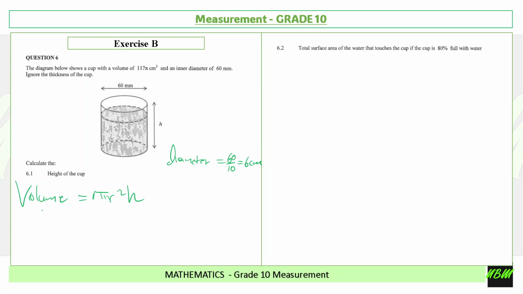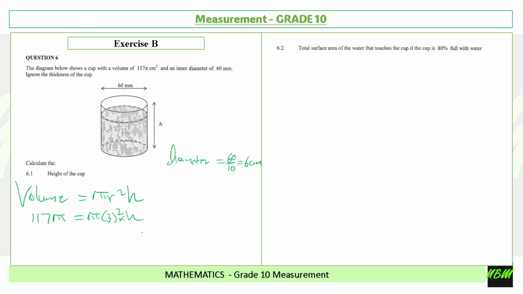So now let's substitute our volume. 117 pi is equal to pi r squared h, where r is the radius. The radius will be the diameter divided by 2. The diameter is 6, so the radius will be 3. So 3 squared multiplied by the height.